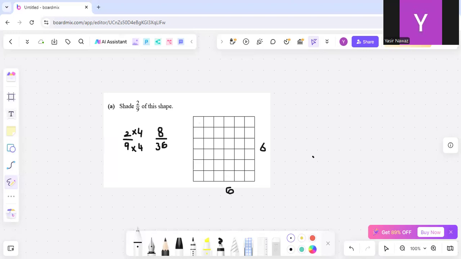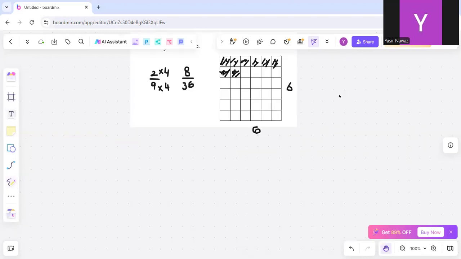So 8 would be 1, 2, 3, 4, 5, 6, 7, 8. So these 8 squares would be shaded. That represents 8 over 36, or 2 by 9. Either it would be 2 by 9 or 8 over 36.